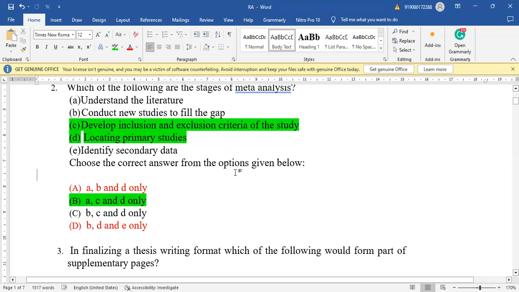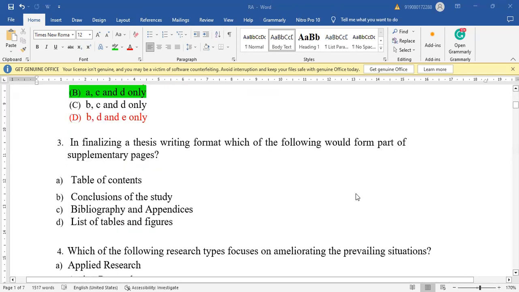This is how we can deduce the answer, though we don't know the subject matter, or though we know a little bit about it but still it is not clear. Got it? Is it clear, everybody?